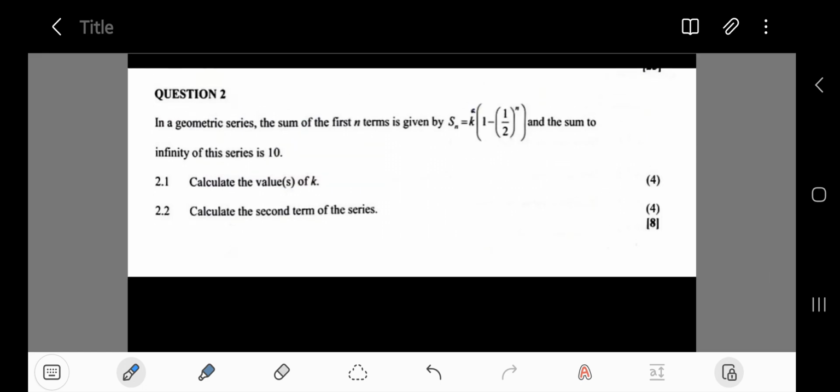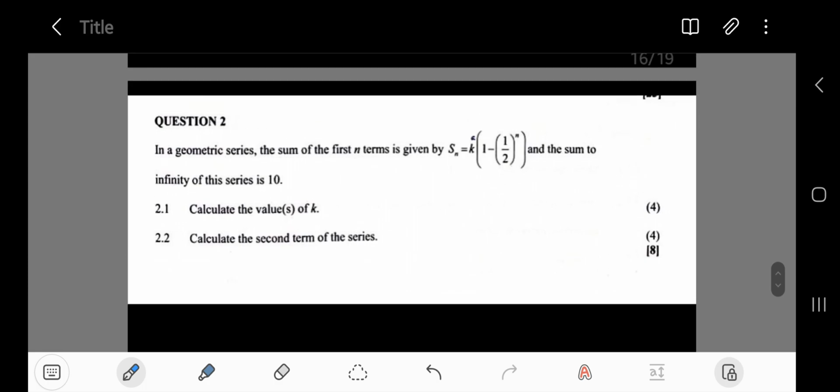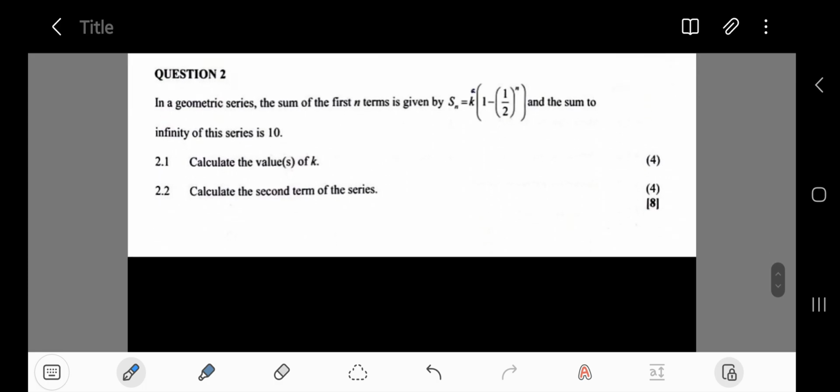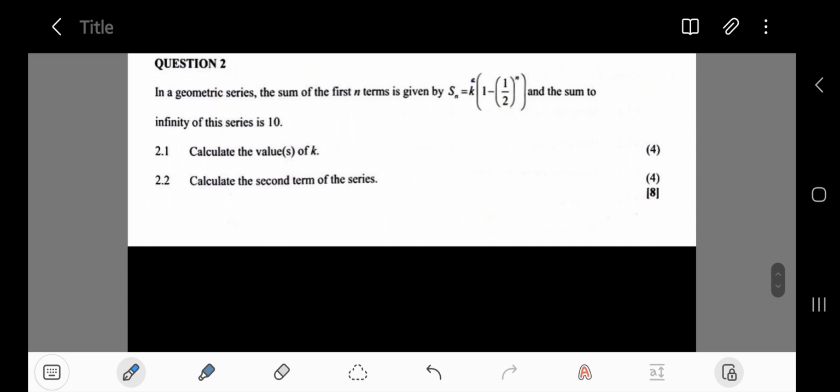They want us to calculate the values of k. So let's go into it. k is just the coefficient of whatever is inside of the brackets. Let's view it like this, guys. k is part of the pattern, so whatever we replace n with, we're always going to get something with k.